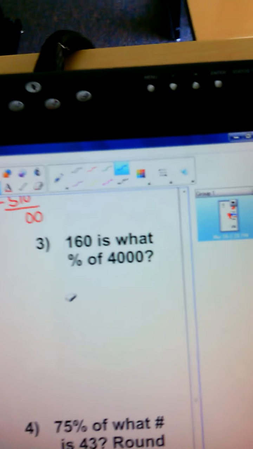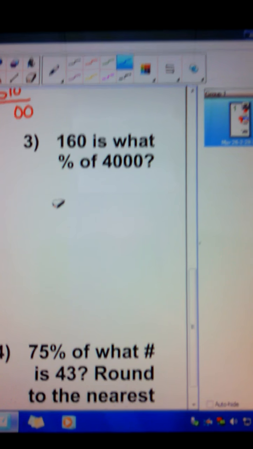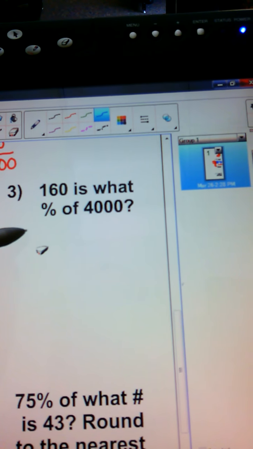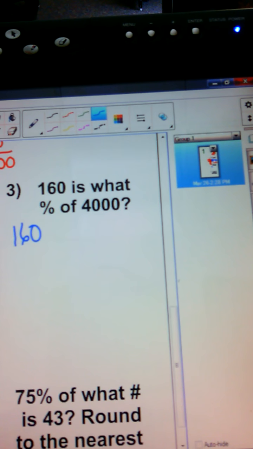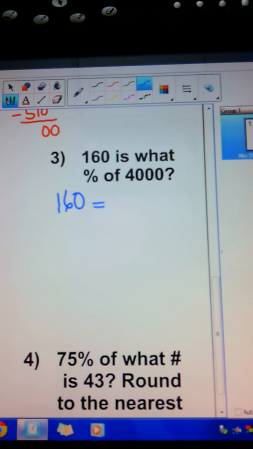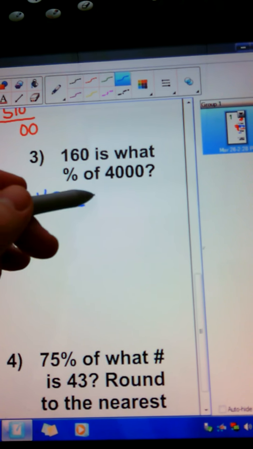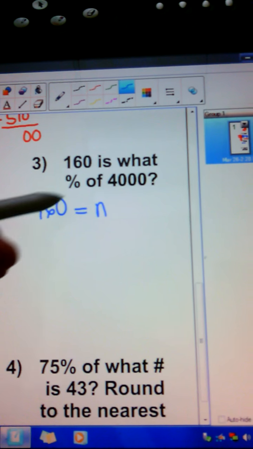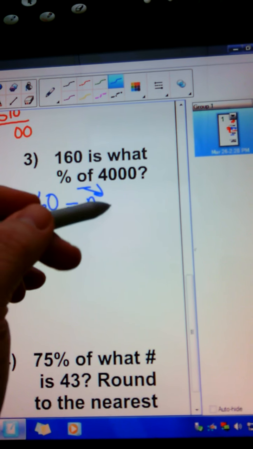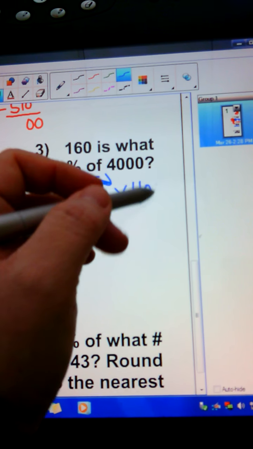So starting off, we have 160 equal to, again, the what is what we're looking for, so that's our letter. Of is our times symbol, and then bring down 4,000.